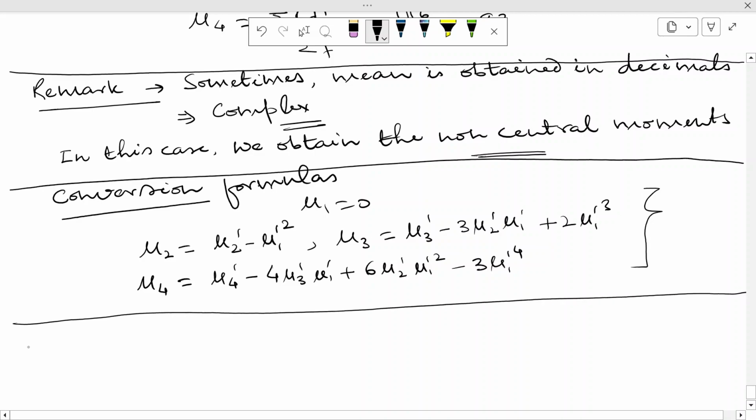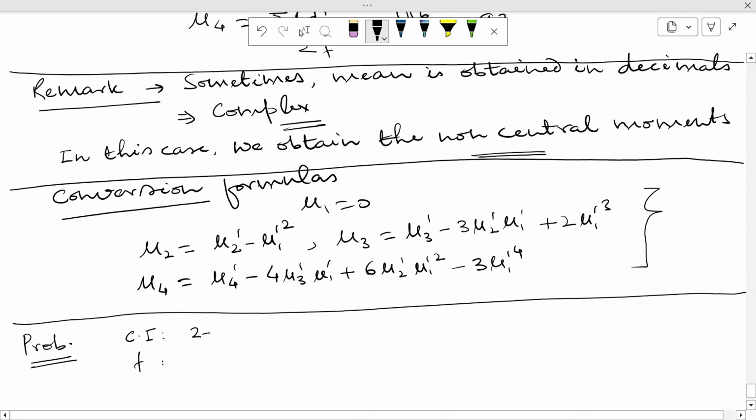Okay, so we are given a data. So here we are having a problem. We are having continuous data, meaning class intervals along with their frequencies.